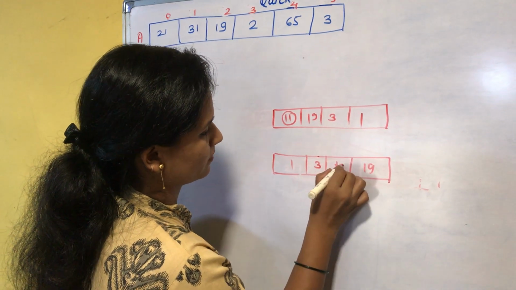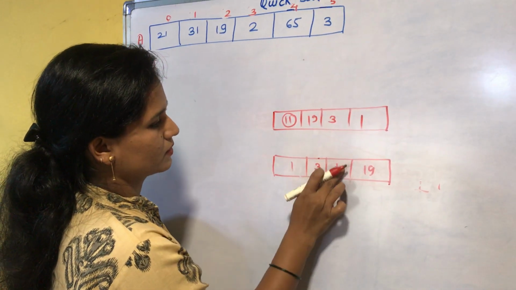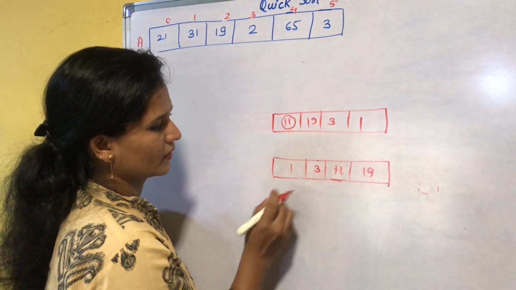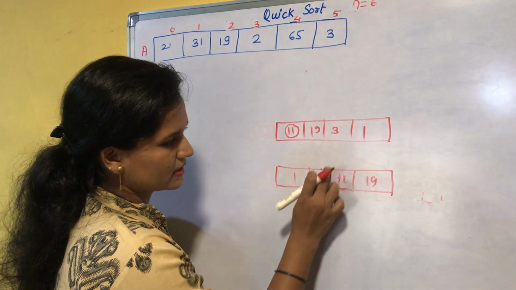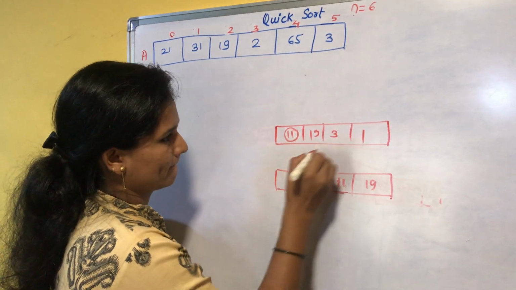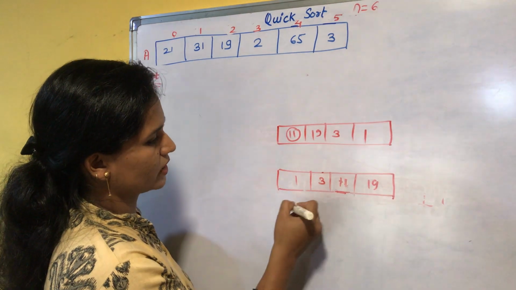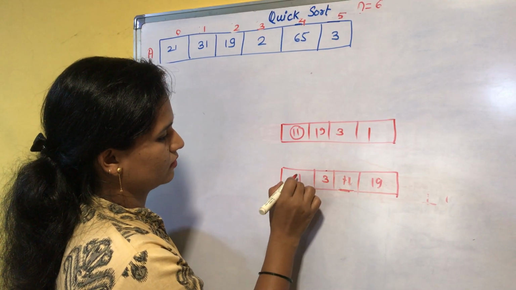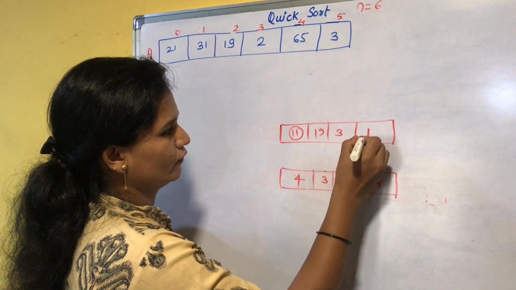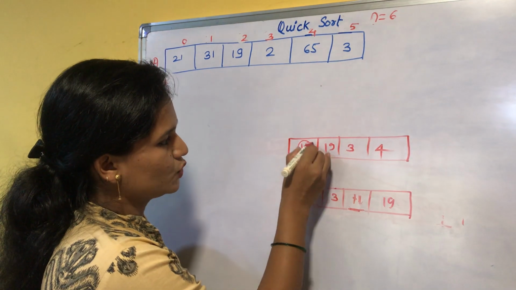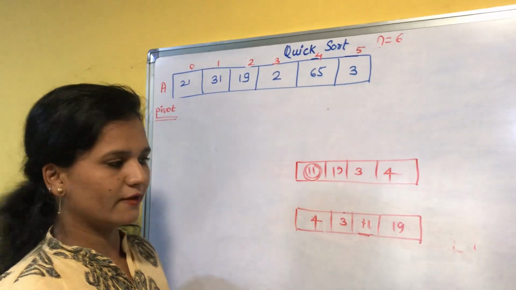Oh sorry, 11 is my pivot element. Now see here, the single element, that is 11, is sorted now. Again I can make a change here. One more change I can do here. So I'll take 4 here. Now see, I have chosen the first element as the pivot element.